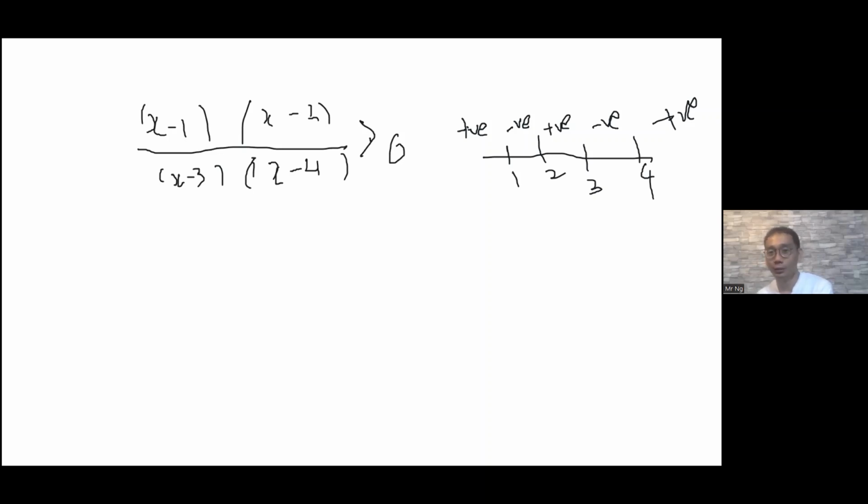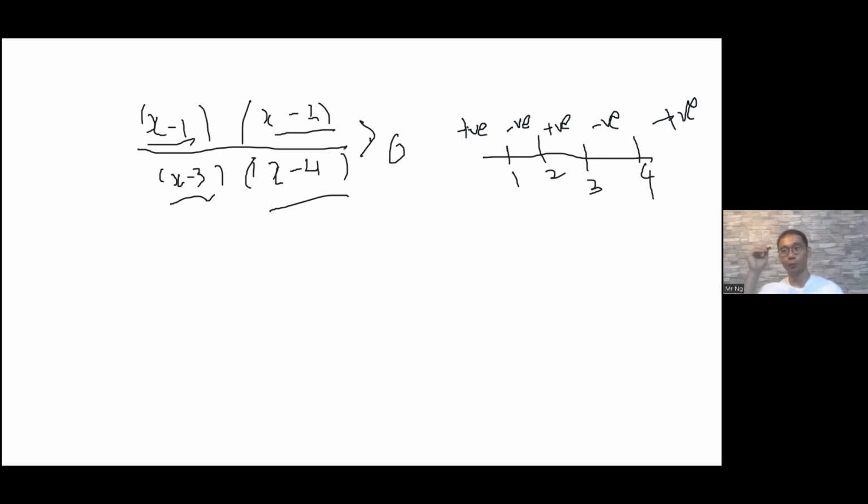Okay, so how I see this is, look at all these factors. They are something minus the root. Let's say any value here, minus away this value, minus away this value, minus away this value, minus away this value.